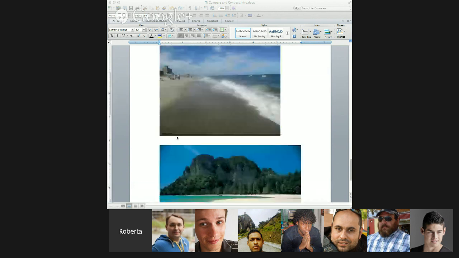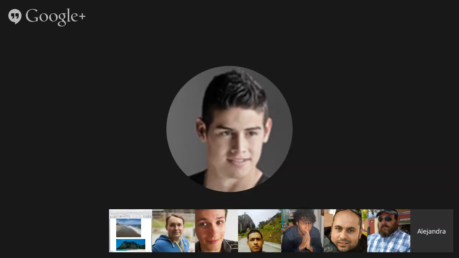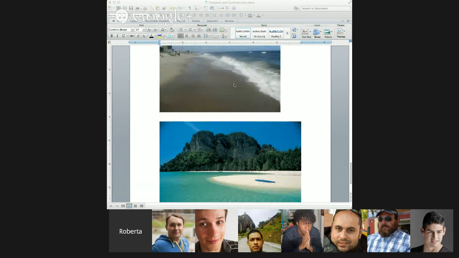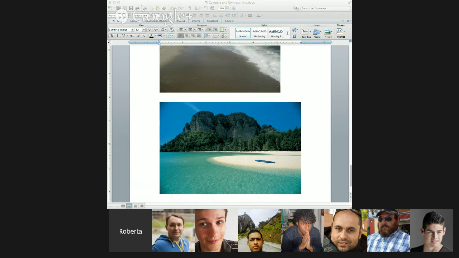Okay. These are two different beaches. So we have one beach at the top. This is an American beach, and this is on the East Coast in the United States. And then we have this beach underneath. Does anyone recognize this beach?